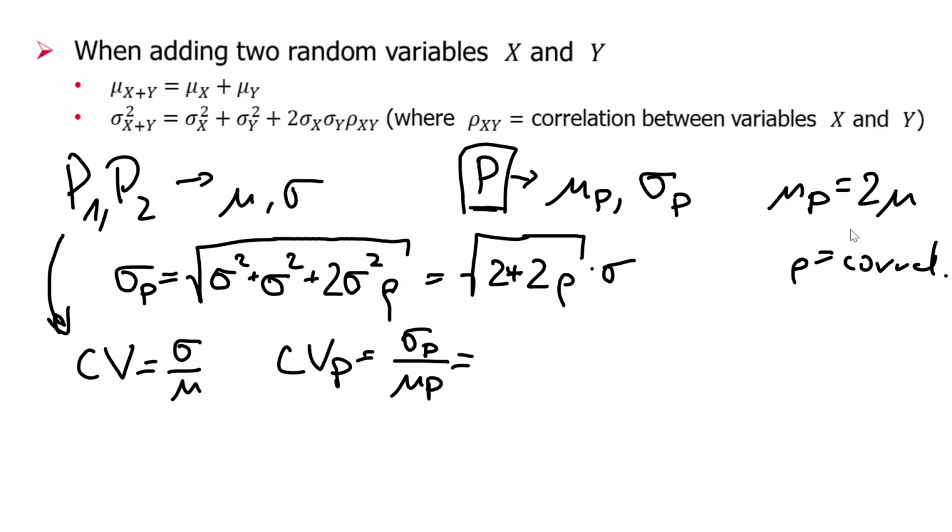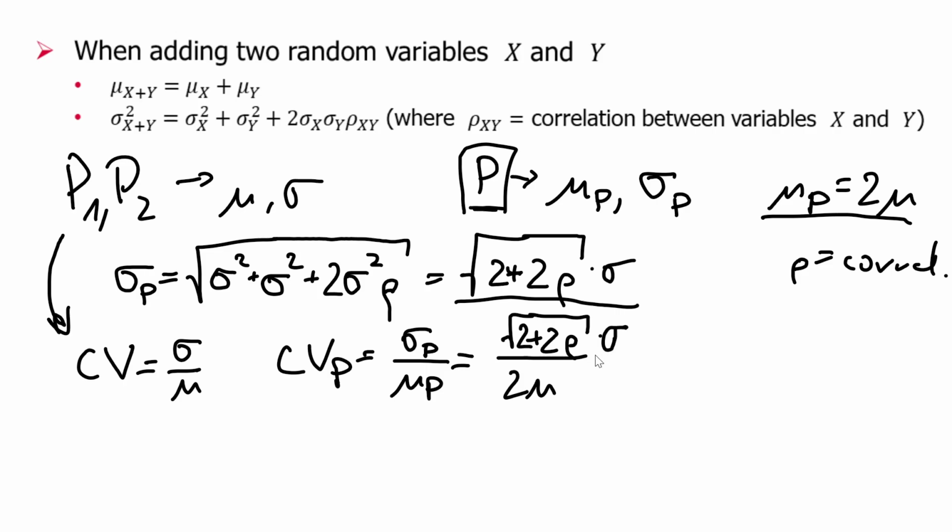For mu P, I have 2 mu. So in the denominator, I'll have 2 times mu, right? This is the formula. And then for sigma P, I will plug in this. So that will be square root of 2 plus 2 rho multiplied by the sigma here, right?